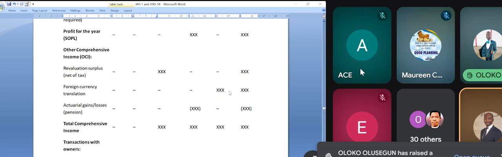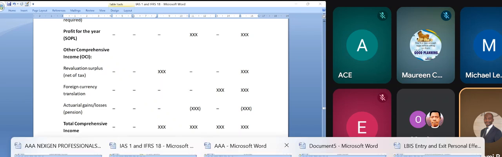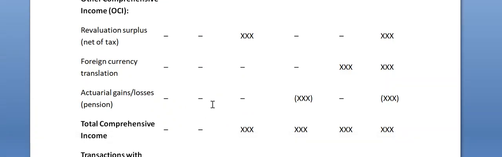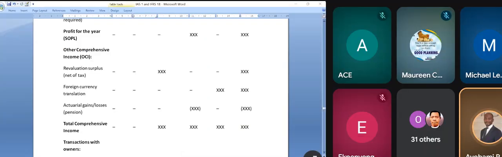My wonderful student. Okay, Olusegun, go ahead. Olusegun, go ahead, please. Okay, that's an assignment for all of you. I want you to submit it on the WhatsApp platform.